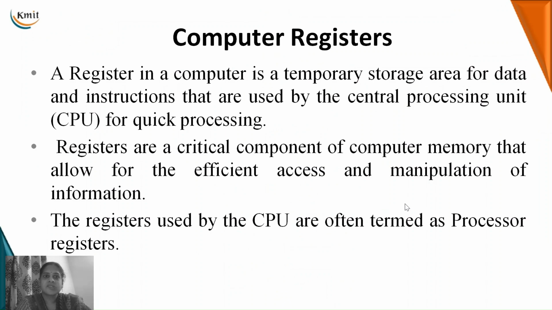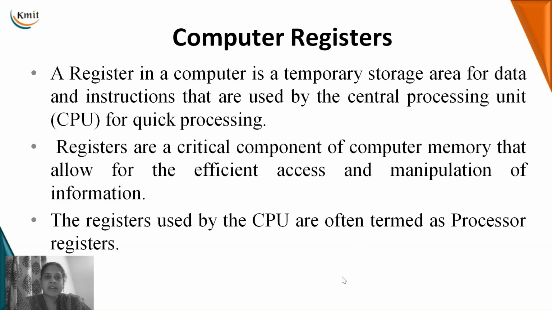So a register in a computer is basically a temporary storage location where we can store our data as well as the instructions. These are used by the CPU, or central processing unit, for quick processing, so that it can be accessed quickly by the CPU.